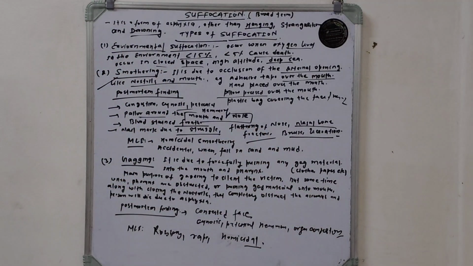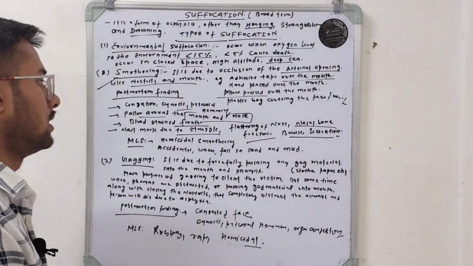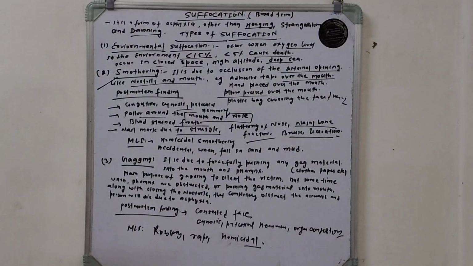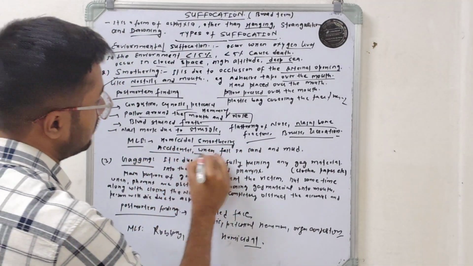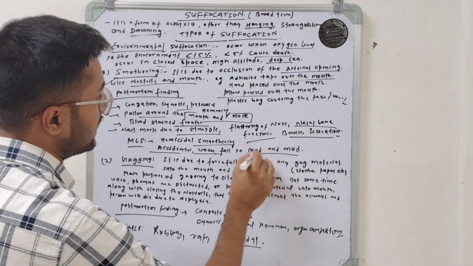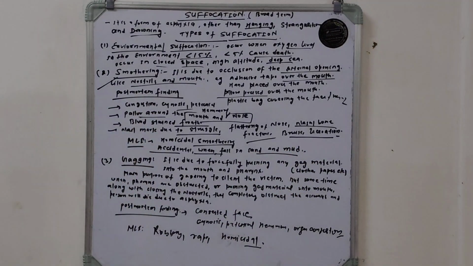This is all due to the struggle during smothering. Medico-legal importance: it is homicidal, or accidental when a person falls in sand or mud. So this is all about smothering.